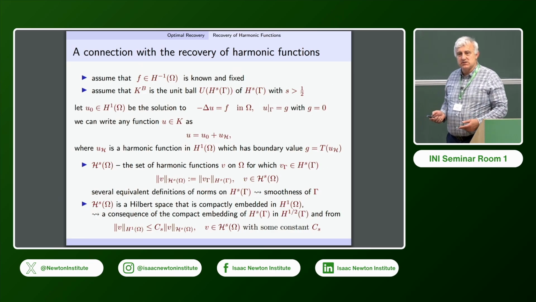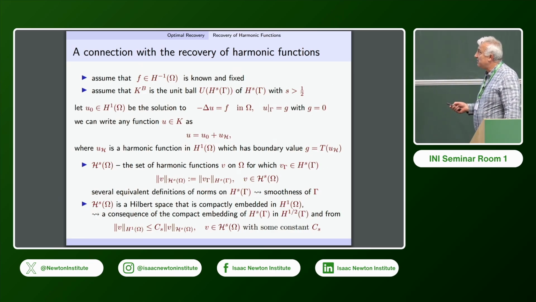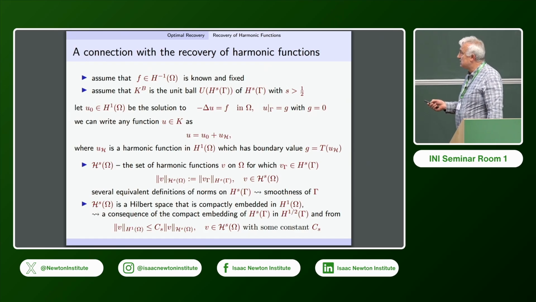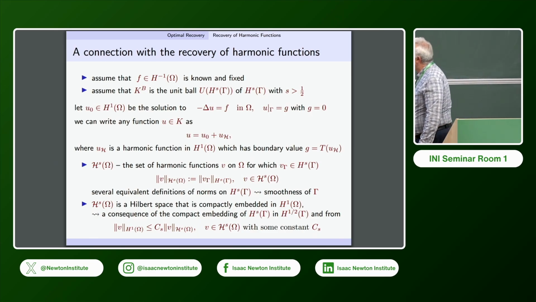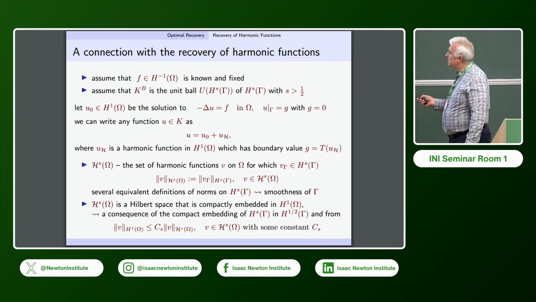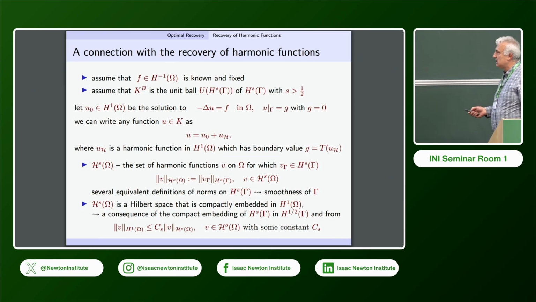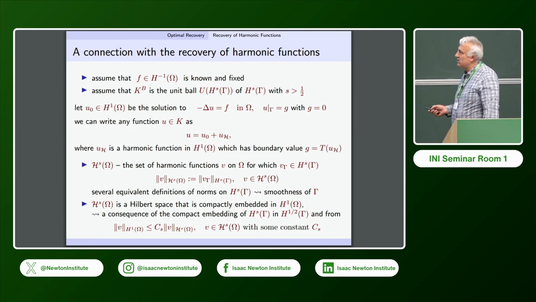Actually, this pollution is very interesting because if we consider the problem with zero boundary conditions, that will give us some u0, and then we can say that u is the solution of u0, and a harmonic function, which has a boundary value g equal to the trace of the harmonic function.